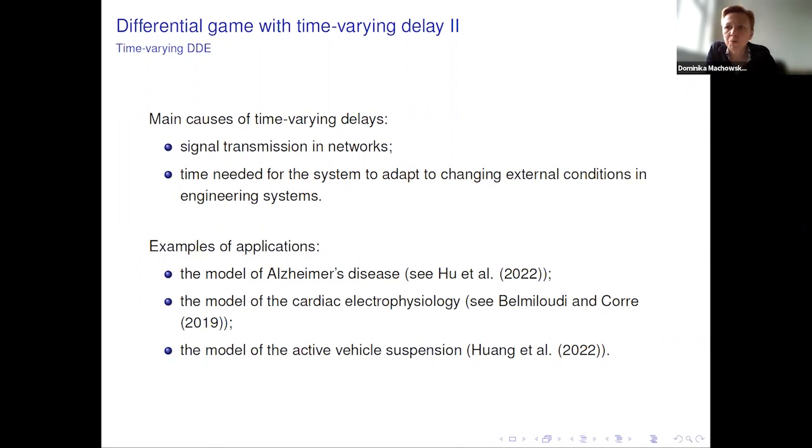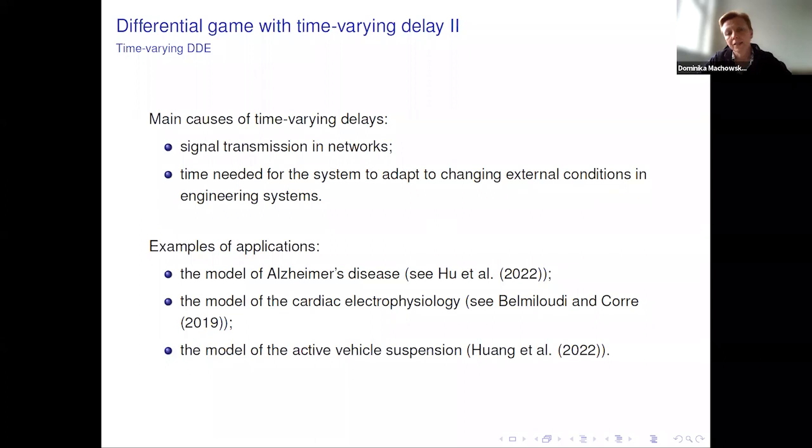challenge for this game. And why do we use this kind of equation? First of all, because in the literature it is proven that time-varying delays happen all the time in systems, and usually it is because of problems with signal transmission in networks.